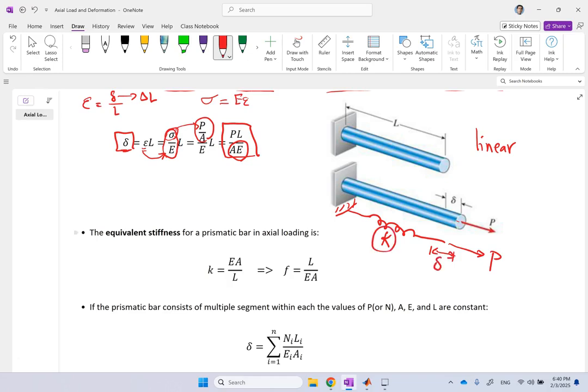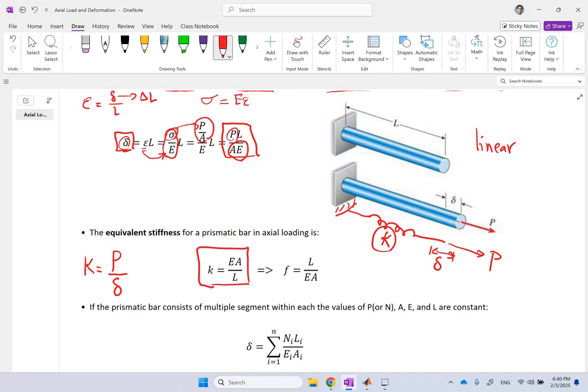The question is, what kind of spring constant would that be? Well, the spring constant is equal to the force along the spring, which is P in this case, divided by the elongation delta. Now, if I divide P by delta, clearly you're going to get AE over L. So this is your spring constant.